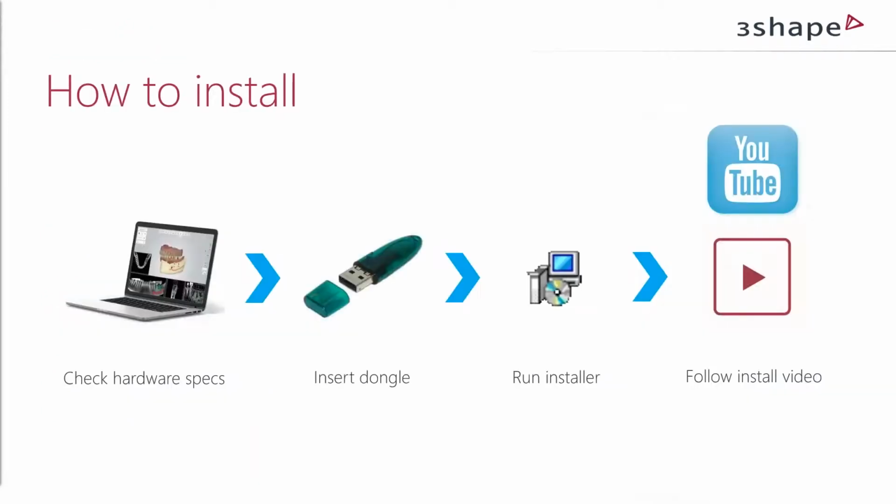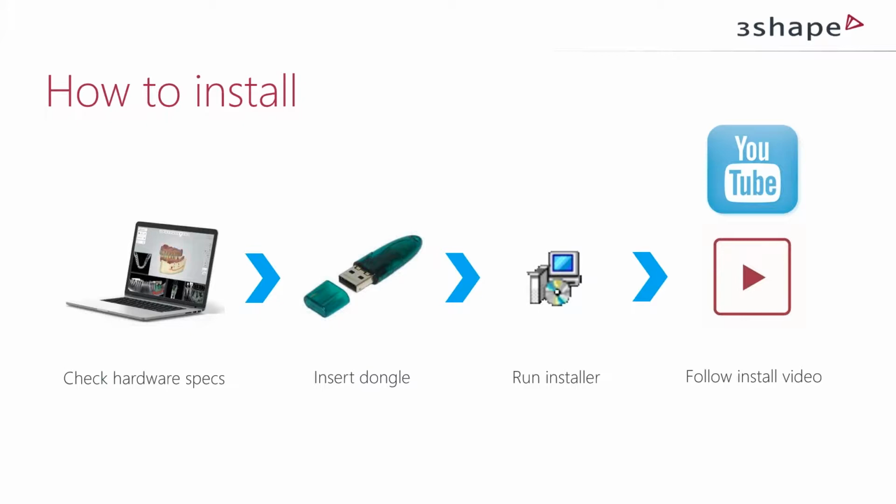So let's begin. First of all, let's talk about how to install the software. It's quite easy. First of all, we need to check hardware requirements. If our hardware meets the software requirements, if the PC is powerful enough to run Implant Studio, then we can insert the dongle with an active Implant Studio license, download the installer, and run the installer as administrator.